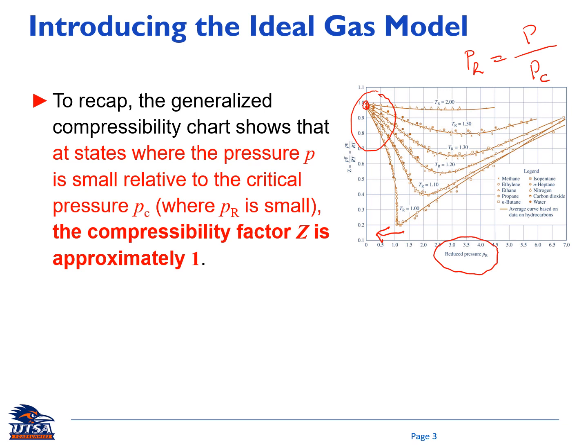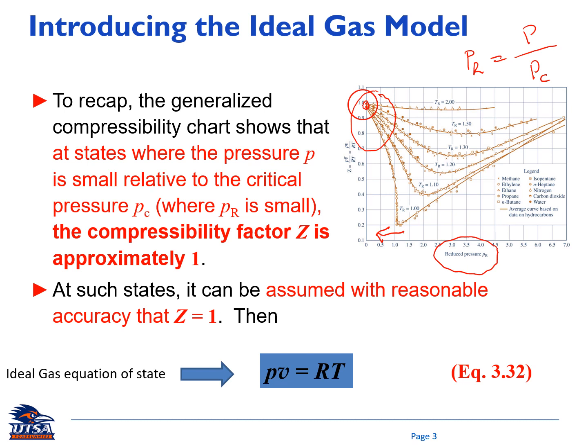Once again, if PR gets smaller and smaller, then Z equals 1. So at such states, we can assume with reasonable accuracy that Z equals 1.